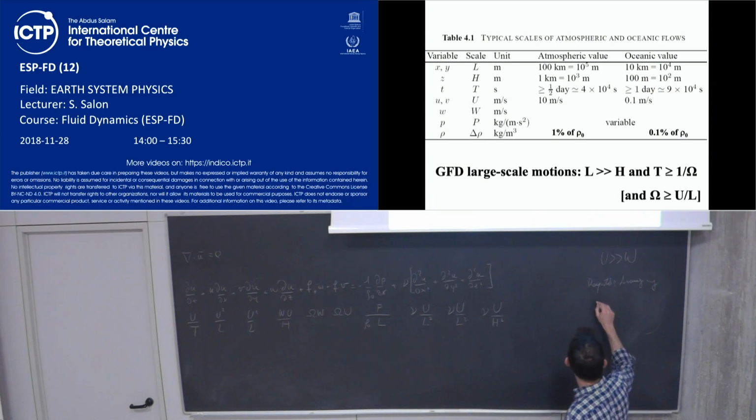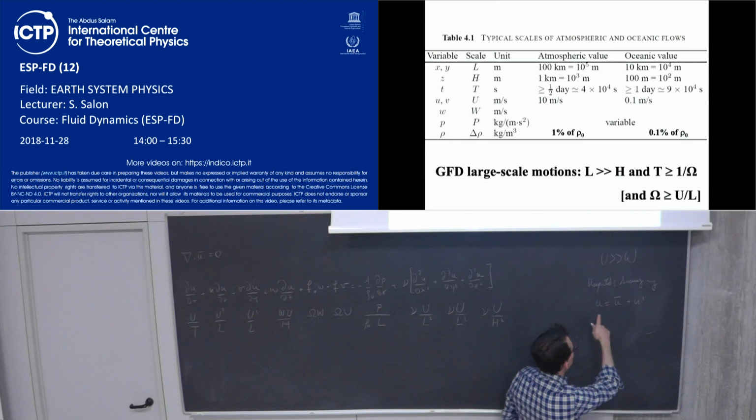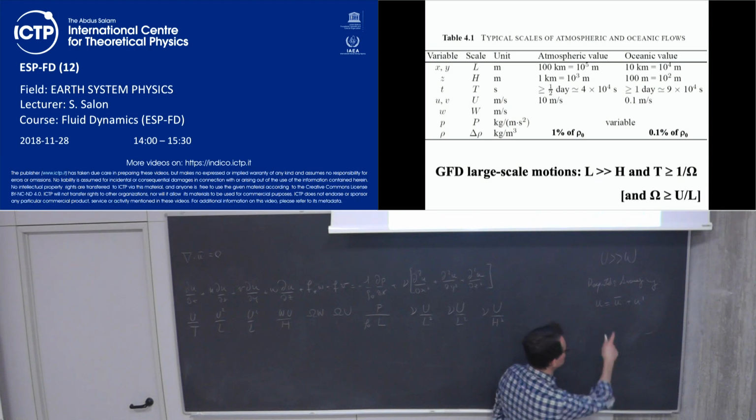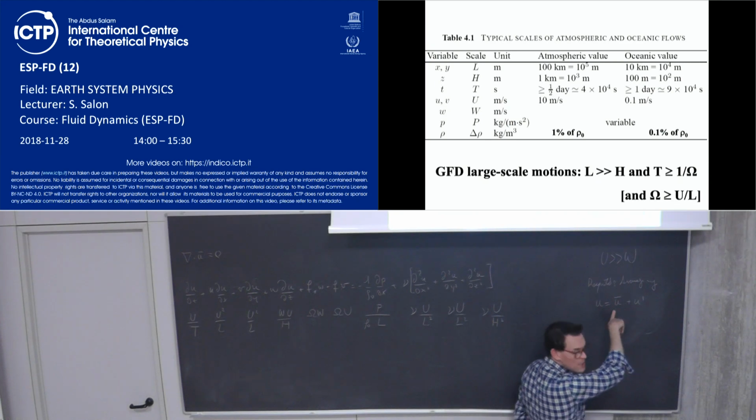It is based on the fact that, exactly like in the Boussinesq approximation, we can write every velocity component as the sum of, let's say, a mean component plus a turbulent component.